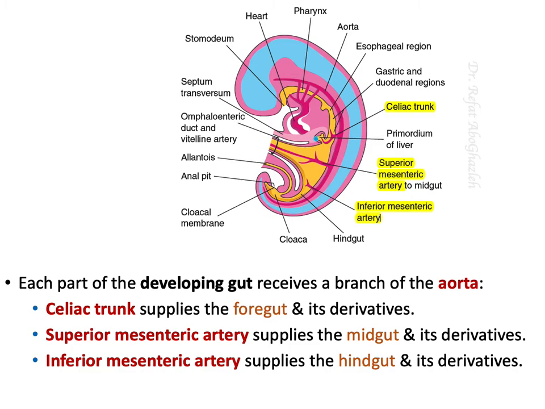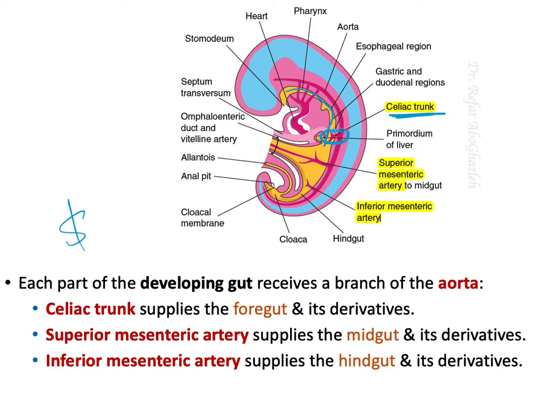And you have to know that the blood supply for the foregut is different than the midgut, different than the hindgut. For example, which is very important also, each part of the developing gut receives a branch from the aorta. This is the aorta in the embryo. So, for example, the foregut, as you see here, takes its blood supply from the celiac trunk.